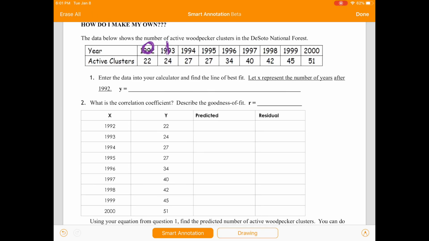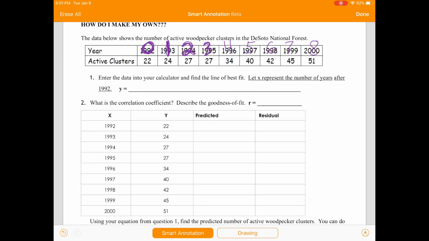So we've got to put 1 for 1993. Then in between 1992 and 1994, there are 2 years. The next one would be 3. I'm trying to make it thicker for you to see it. Next one would be 4, 5, 6, 7, and 8.